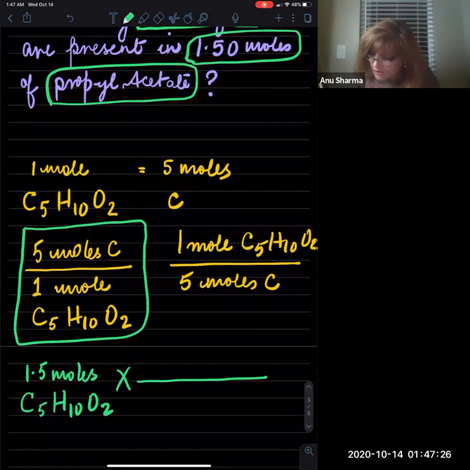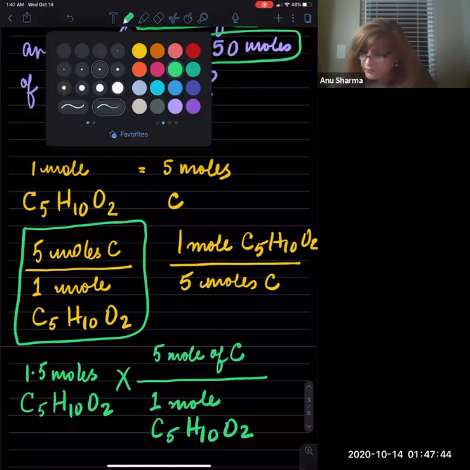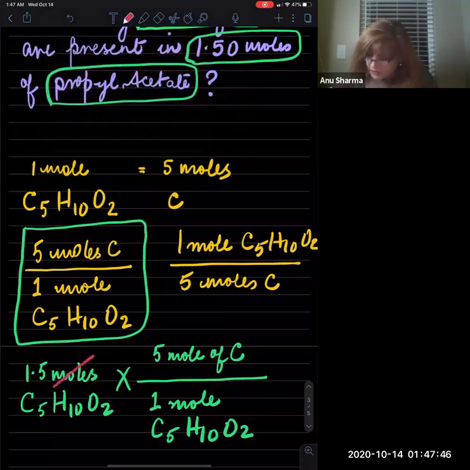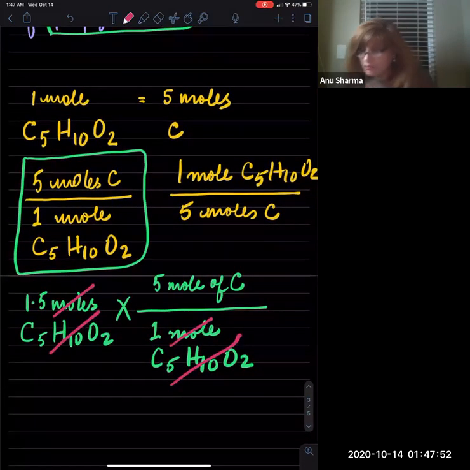Because this conversion factor allows you to cancel out the moles of C5H10O2. So 5 moles of carbon are present in 1 mole of C5H10O2, and the moles of C5H10O2 cancel out, and you are left with the moles of carbon.